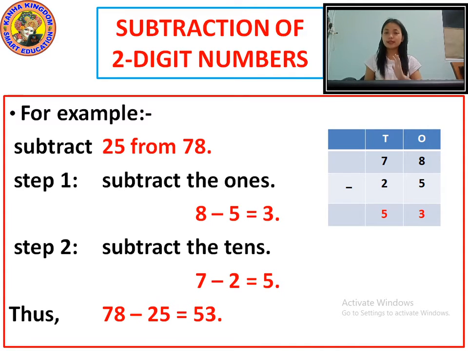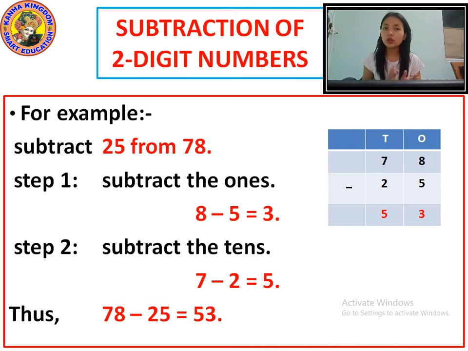We have to place both numbers in the place value chart. At first we have to write the big number from which we are subtracting.